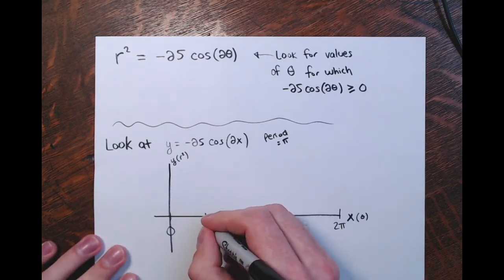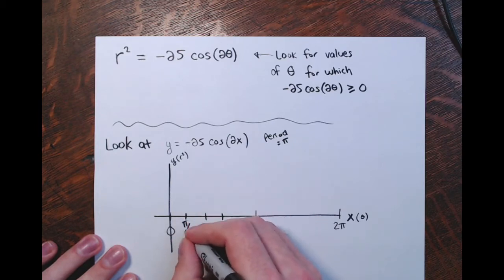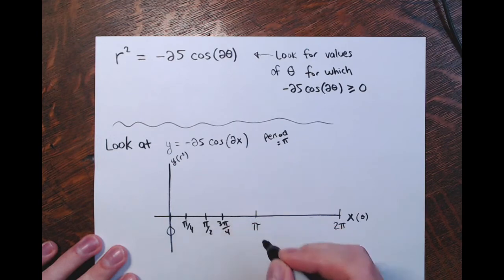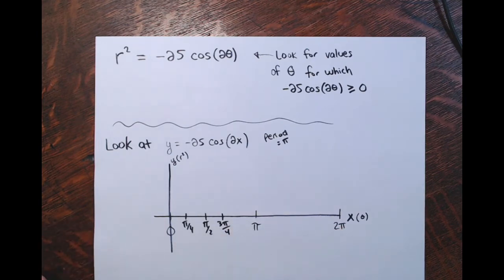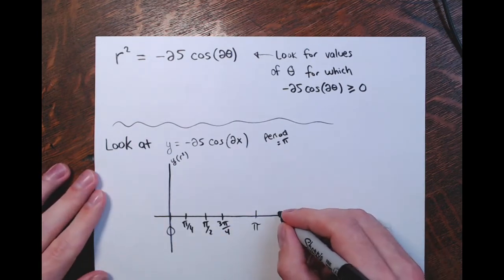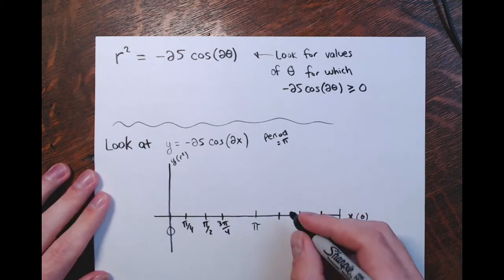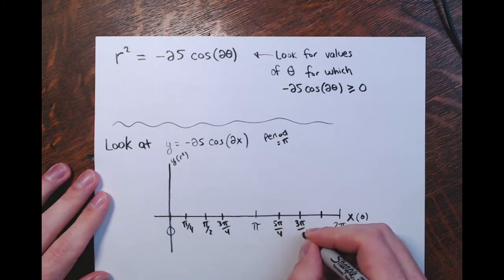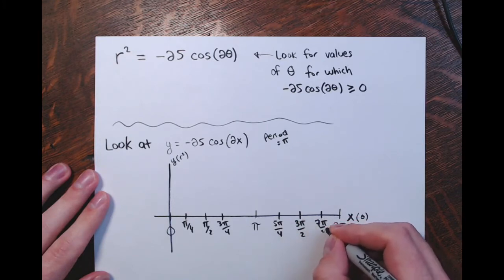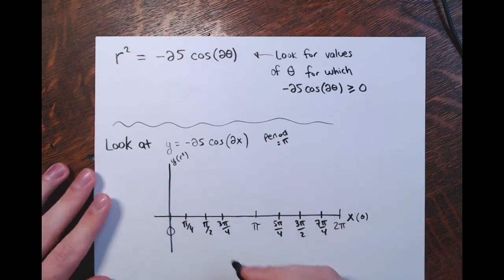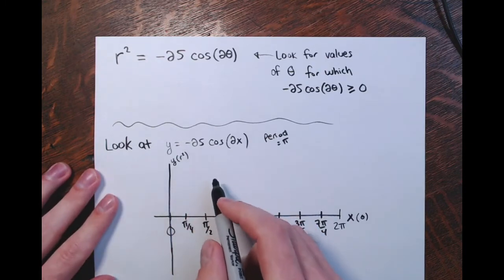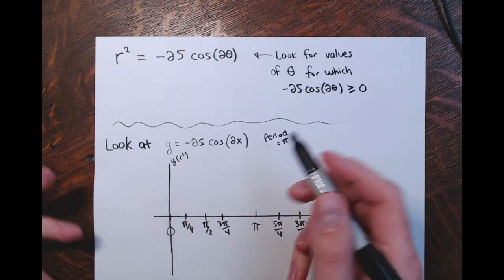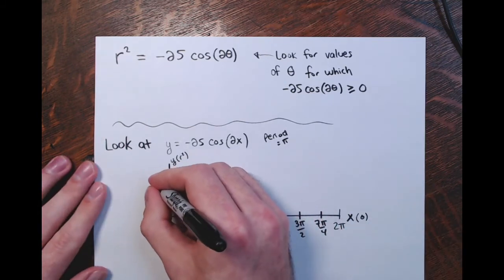I break this period into quarters: pi over 4, pi over 2, 3 pi over 4, and pi. And I'll break the next one into quarters as well: 5 pi over 4, 6 pi over 4, 7 pi over 4, 8 pi over 4. Then when I plug stuff in, the cosine goes from -1 to +1, so this is going from -25 to +25.